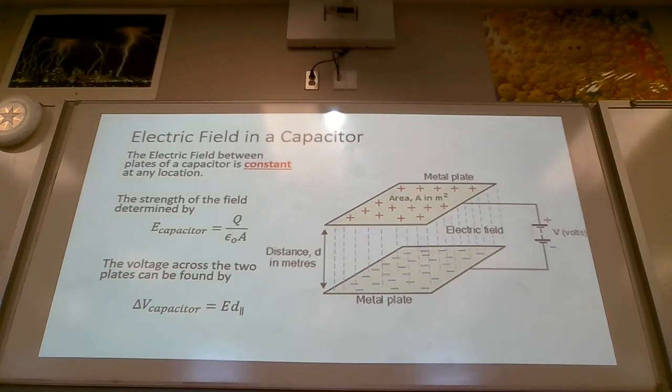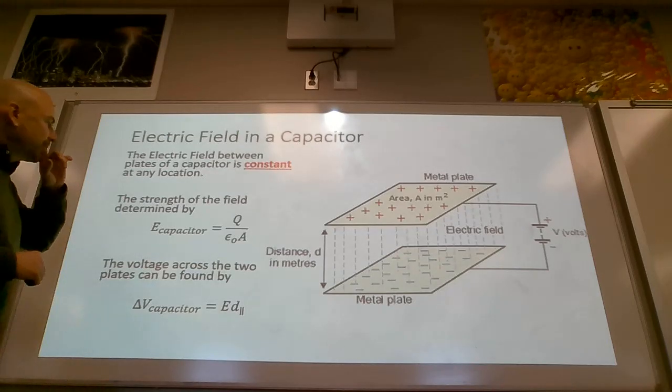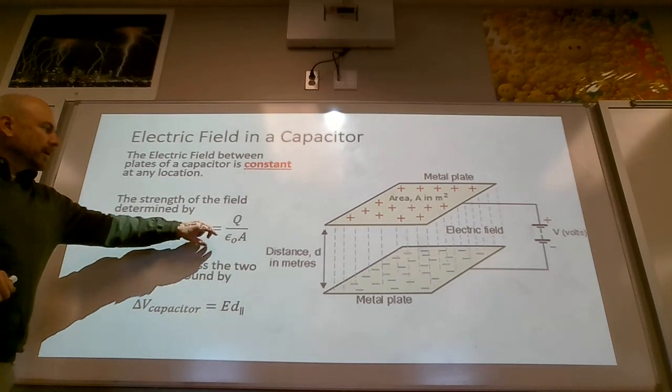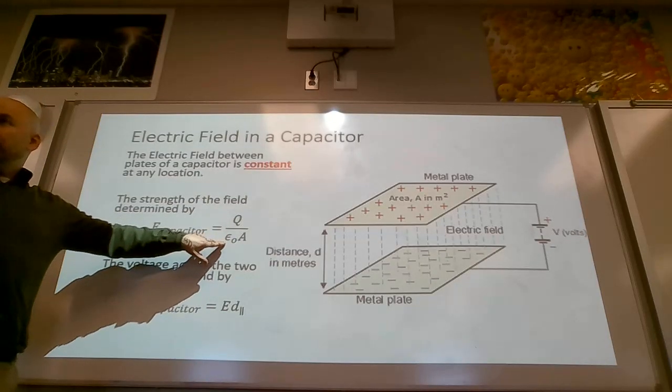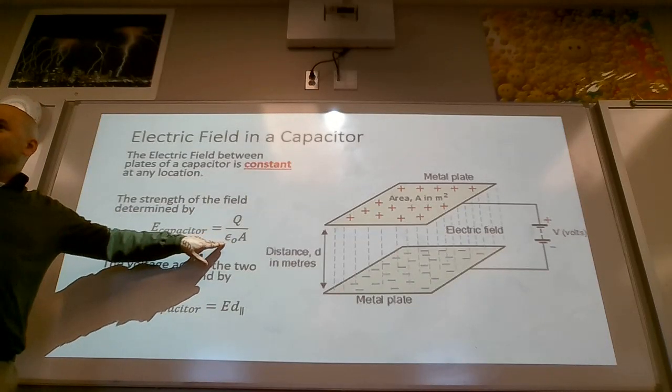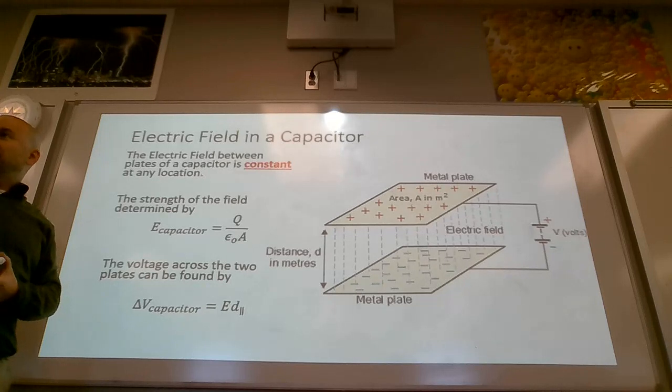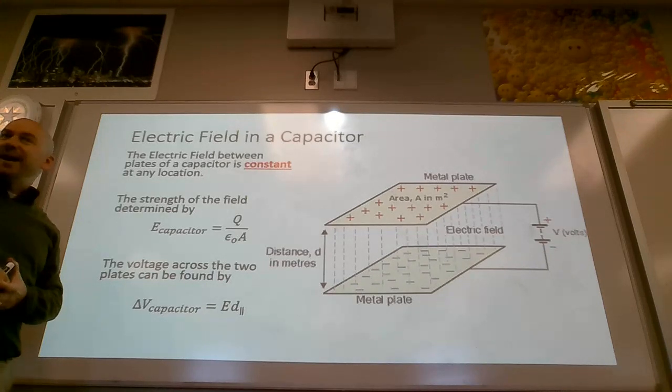So the electric field between these 2 plates is equal to the charge on the plates divided by epsilon naught. 1 over 4 pi epsilon naught.